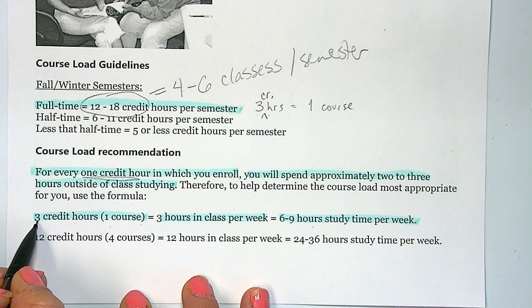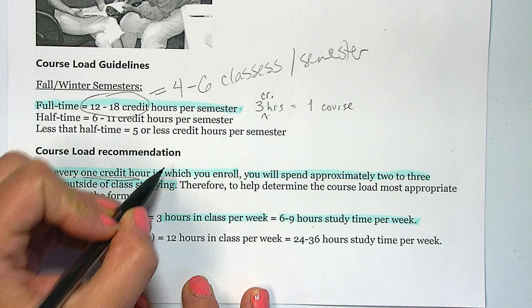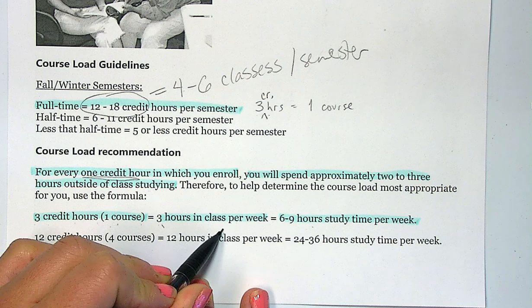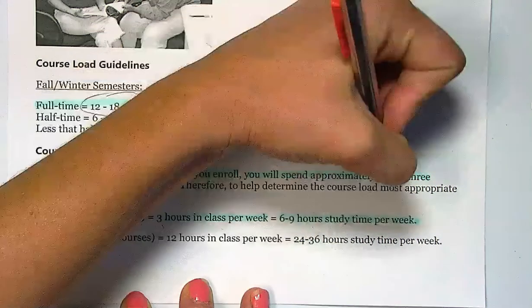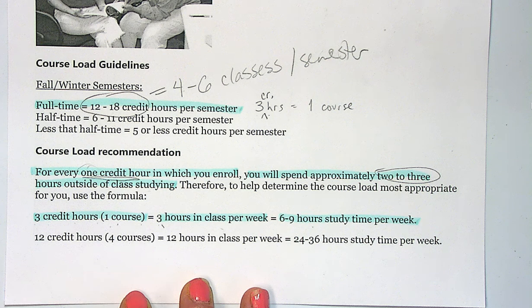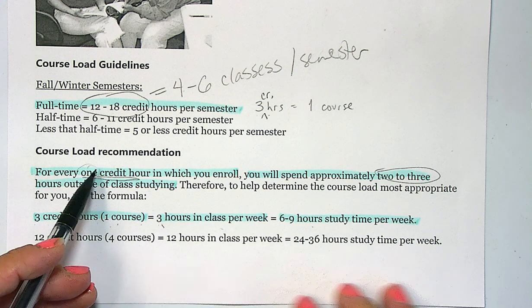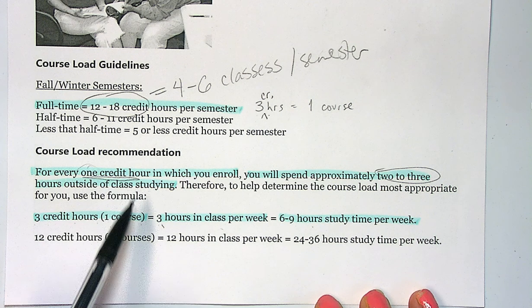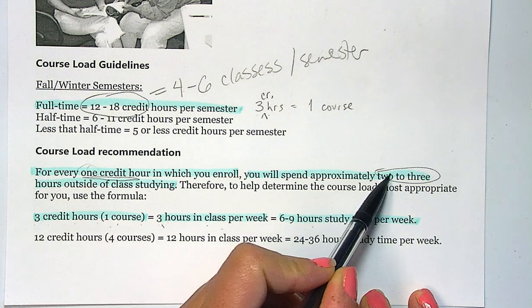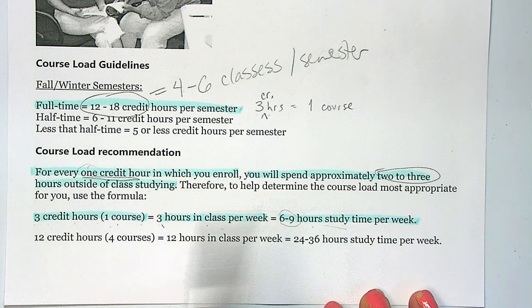So we've got 3 credit hours equals 1 course, which means 3 hours inside of class per week, which means you will spend 2 to 3 hours for each 1 credit hour. That's how many hours you are in class. Credit hour means how many hours you are in class. And if you don't know what credit hour means, Google it. You have to understand what you're reading before you can paraphrase. 3 hours in class times 2 or 3 equals 6 to 9 hours of study time per week.